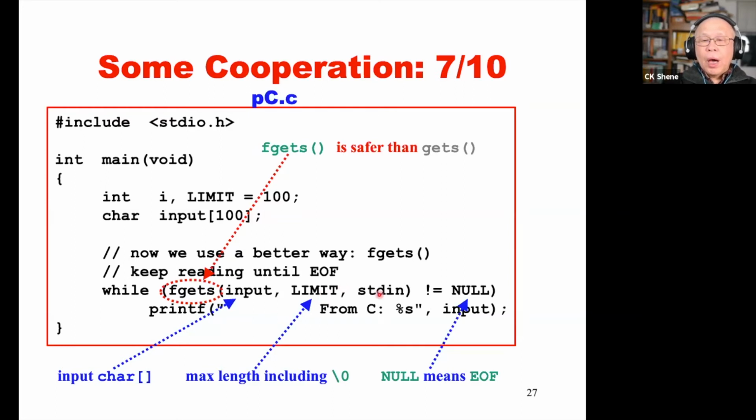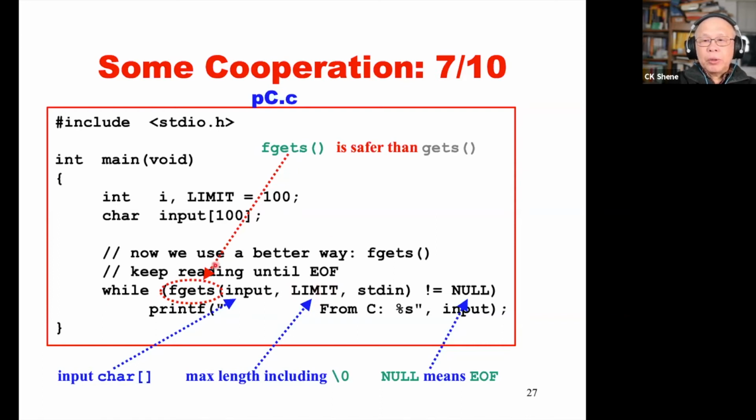The third argument indicates from where we read in the information into the first argument. So this fgets input limit stdin means read in one complete line from stdin, but we have only this number of positions in this input array. So because of this bound, the use of fgets is much better than gets.